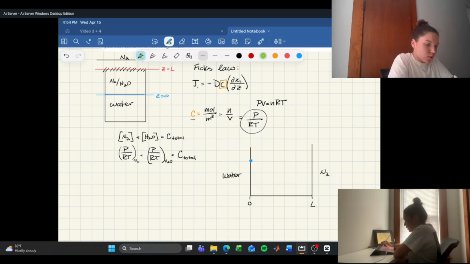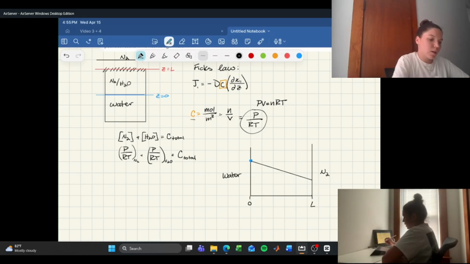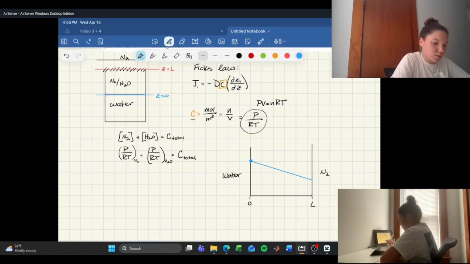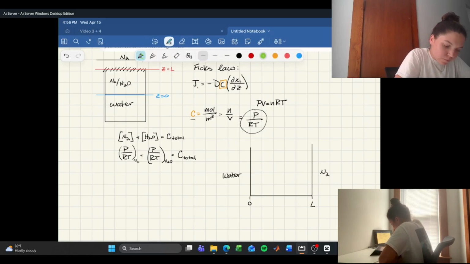So until that happens, the concentration gradient is going to be decreasing as you get higher up away from the interface. That was for the water, but the same idea is similar for the nitrogen. So I'll redraw this a little bit lower.